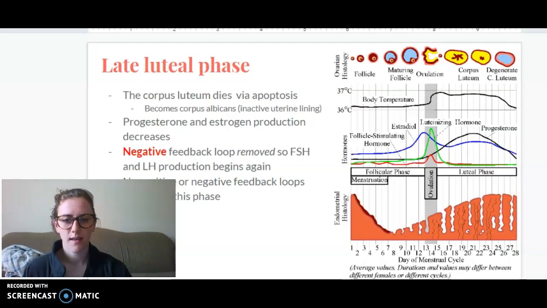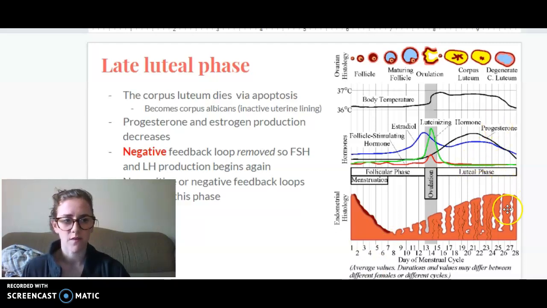As you can see, at the end of the luteal phase, we start to see a drop off in the level of hormones that are being secreted. The endothelium begins to thicken in preparation for menses. The corpus luteum towards the end of this actually starts to die via apoptosis, and the negative feedback loop that we saw in the previous slide in the early luteal phase is actually removed so that the follicle stimulating hormone and luteinizing hormone can begin to be produced again.